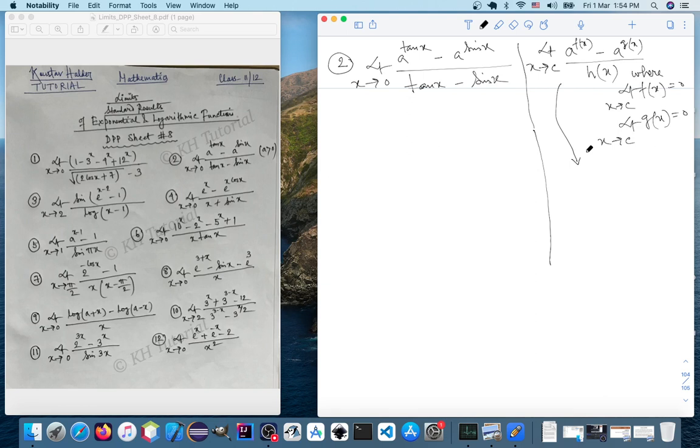So from the numerator, since the base is the same, we can take a to the power gx common. Limit x tending to c, we take a to the power gx common, and this becomes a to the power fx minus gx minus 1, and this is hx.